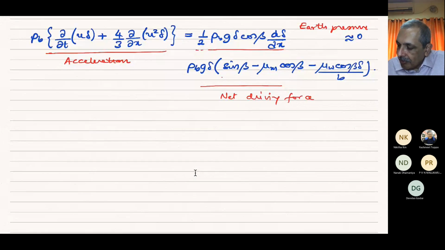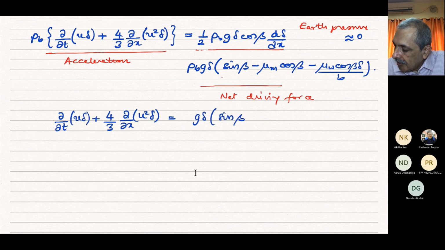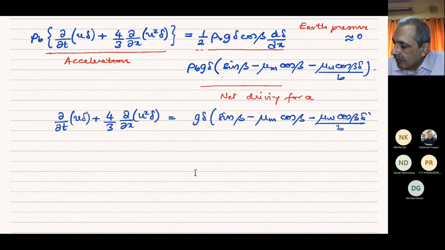And we can cancel out rho v from everywhere. And so the momentum balance equation then simply becomes del by del t of u delta plus 4 by 3 del by del x of u squared delta is equal to g delta into sine of beta minus mu m cos beta minus mu w cos beta into delta by b.